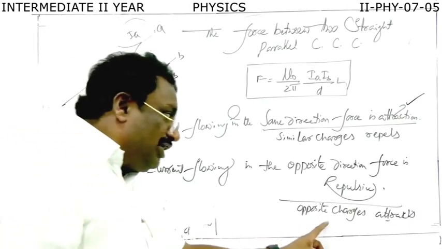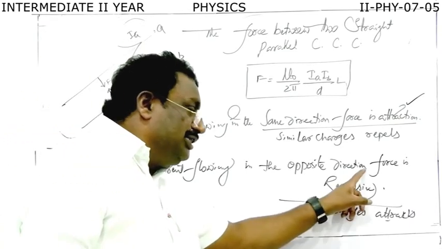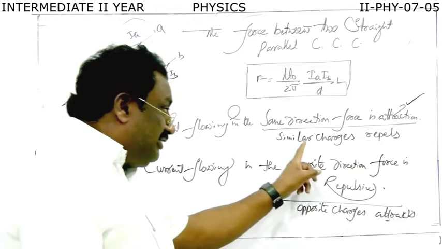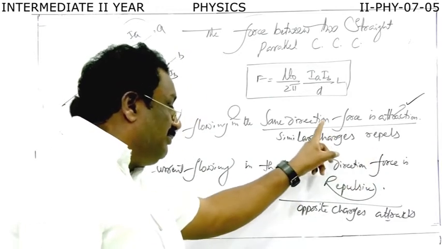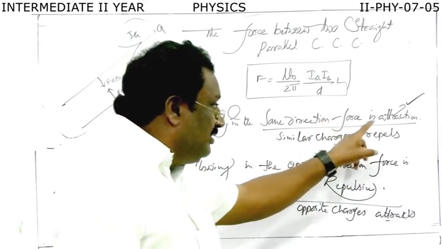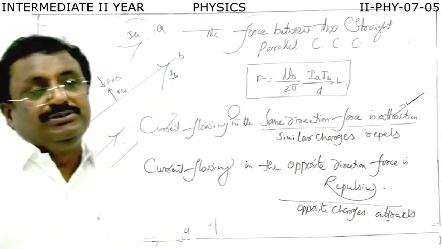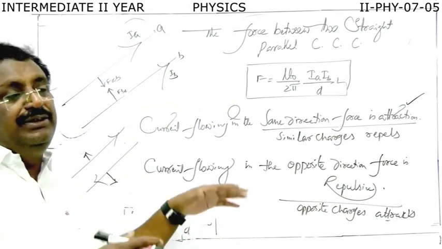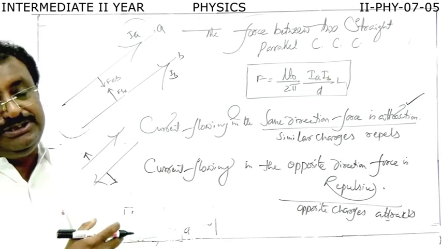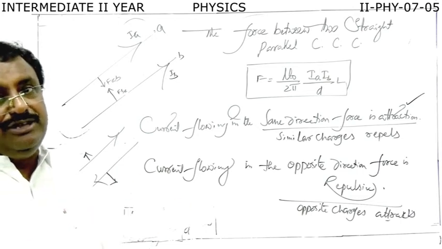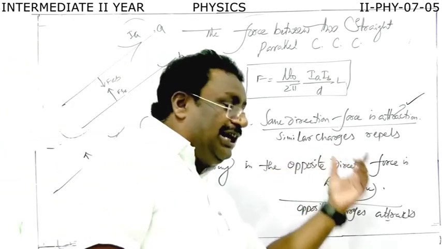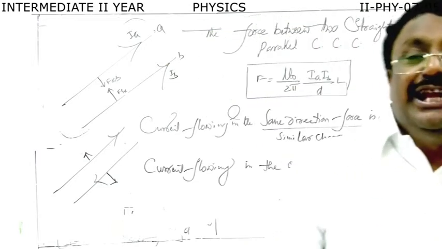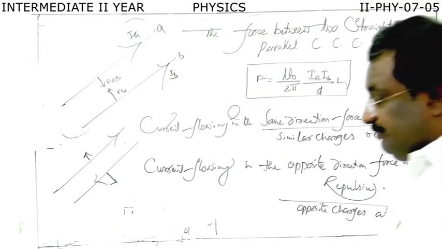Here opposite charges attract, but opposite currents repel. Similar charges repel, but if the current is in a similar direction, it will be an attractive force. The force between two straight parallel conductors is completely opposite to the force between electric charges.